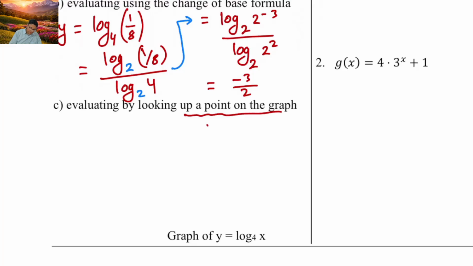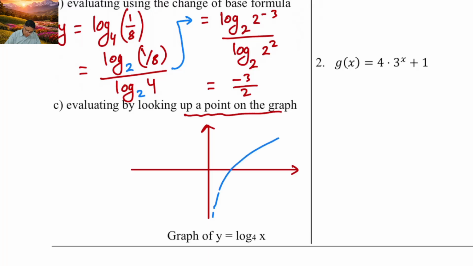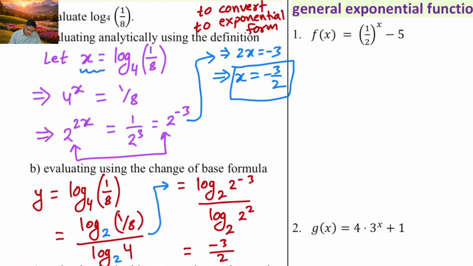Suppose I'm just drawing a graph here which you would have on your calculator or on your screen, and the graph of log base 4 is this, right? We have already mentioned that here. And what is the point I should be looking at?